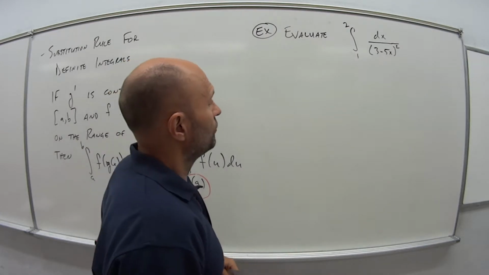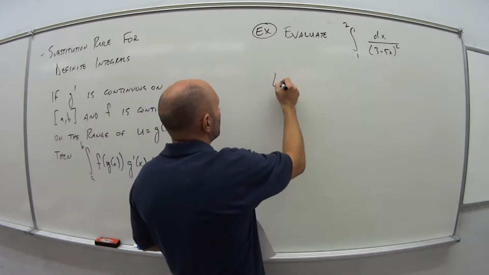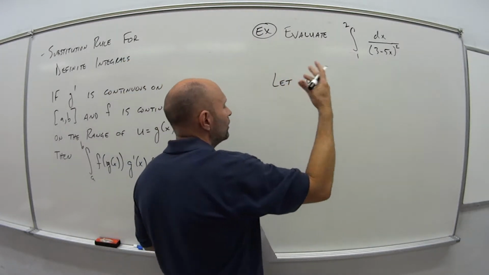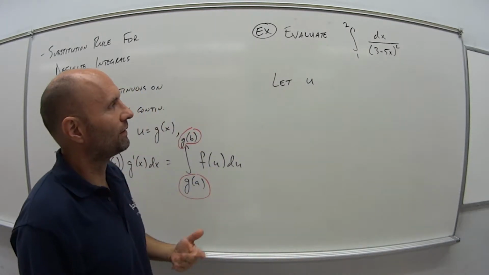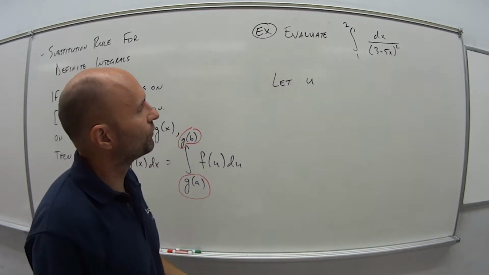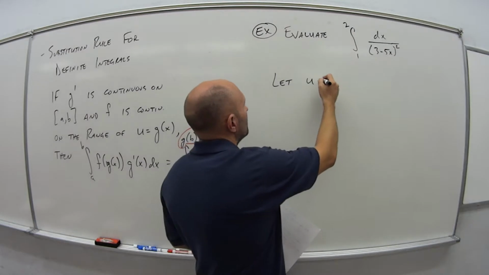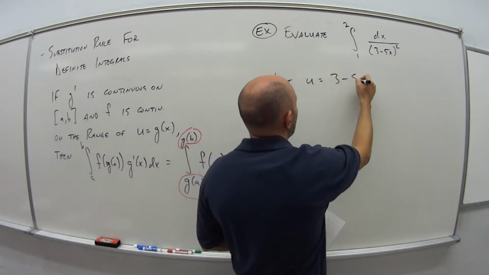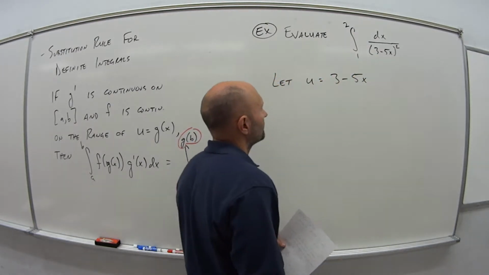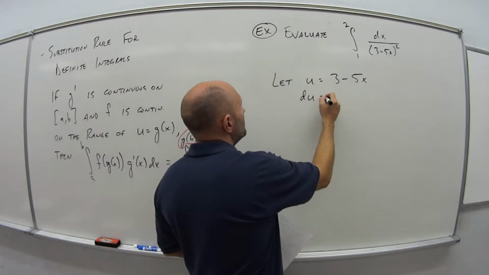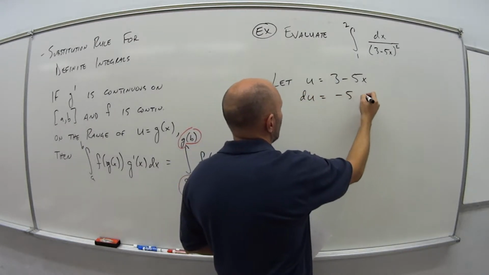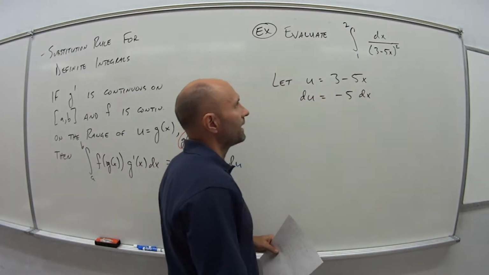So I'm going to have to do u substitution, and as I said before, look for the pieces inside the parentheses. Those usually tell you what you have to use for the substitution. So I'm going to say u is 3 minus 5x. So that means du is minus 5 dx.